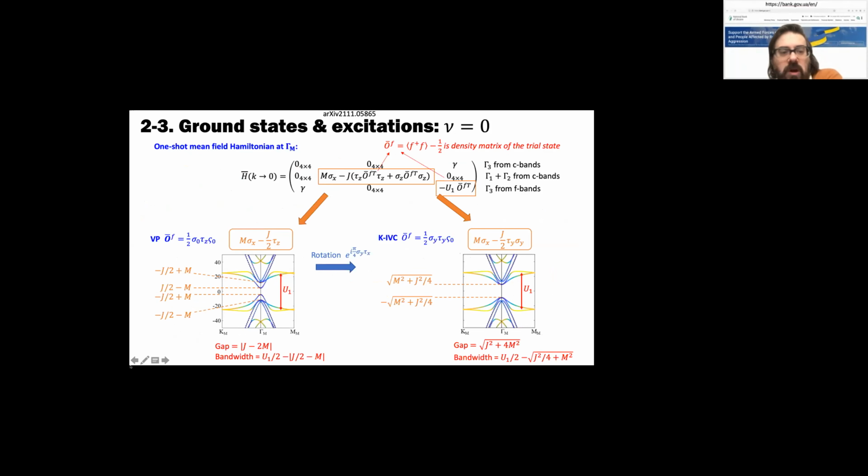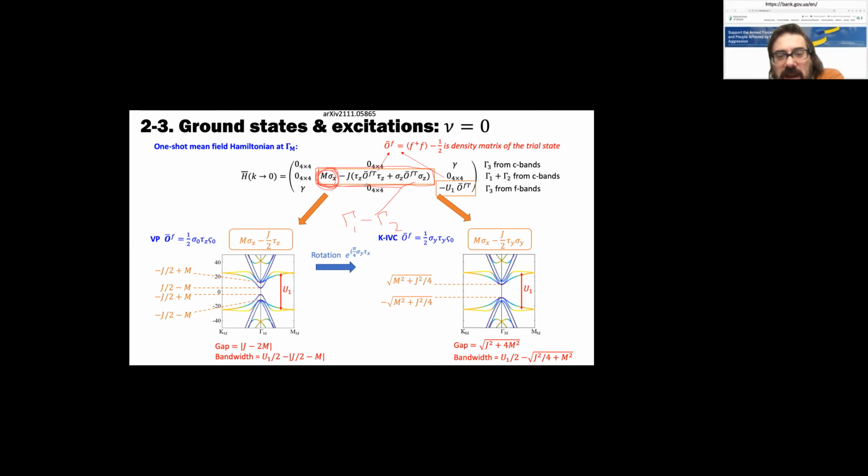Now what you can do is actually gain an analytic understanding of this in one-shot Hartree-Fock, and this analytic understanding is very simple. All that you need to do is look at the gamma point and look at the sector between the gamma 1 and gamma 2 representations of the Hartree-Fock bands. And this sector, remember, had in the single particle only m times sigma x, this single particle term.